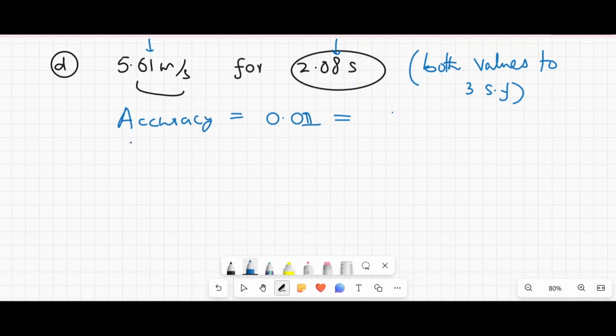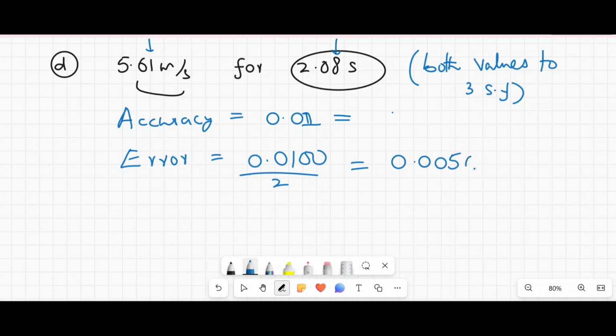Now finding the error, you will get 0.01 divided by 2, which is 0.005. So this is our error term.